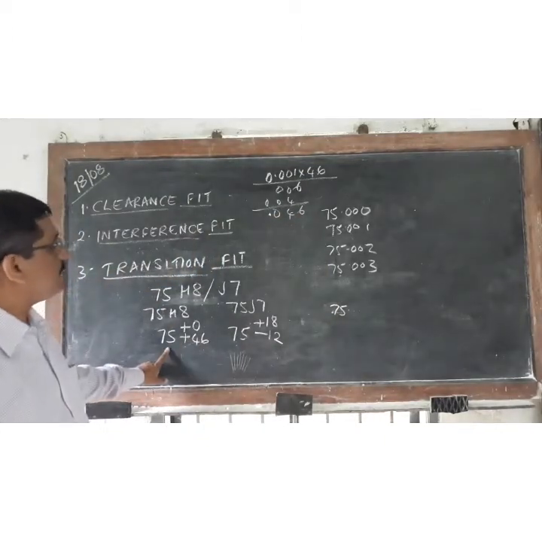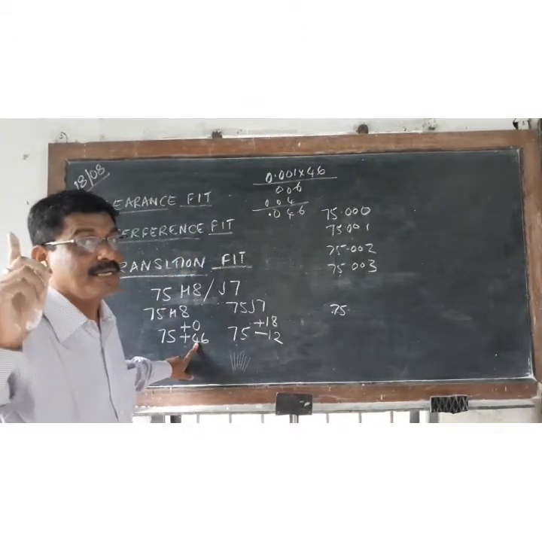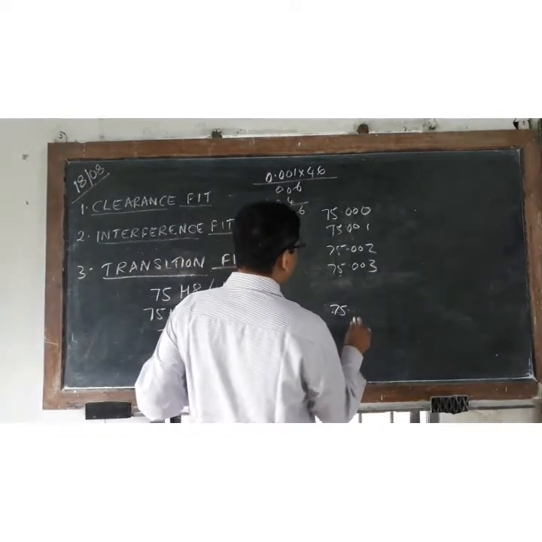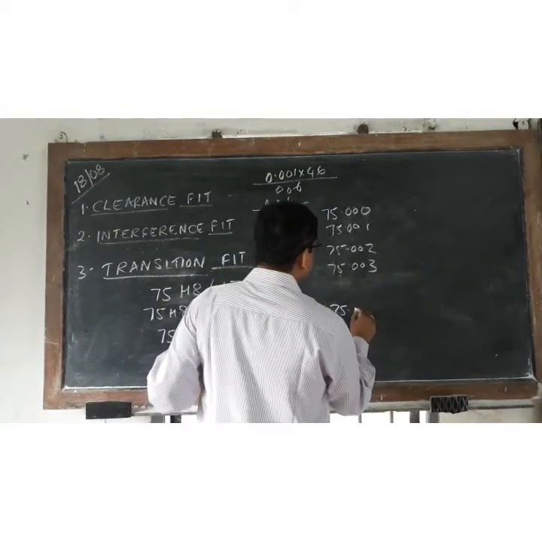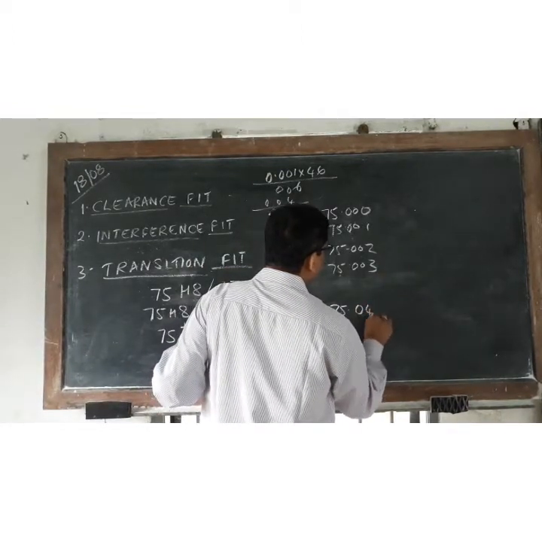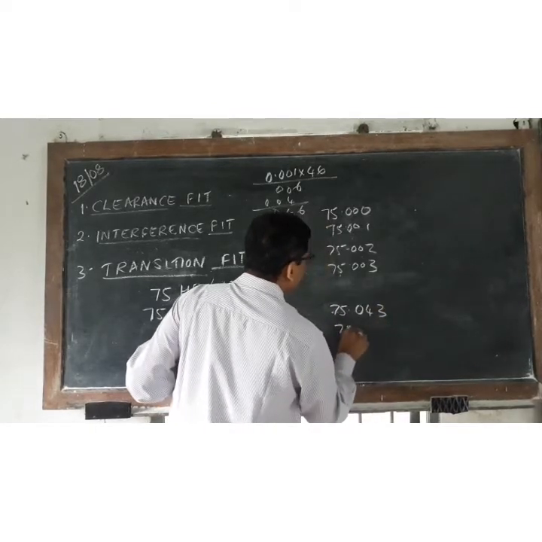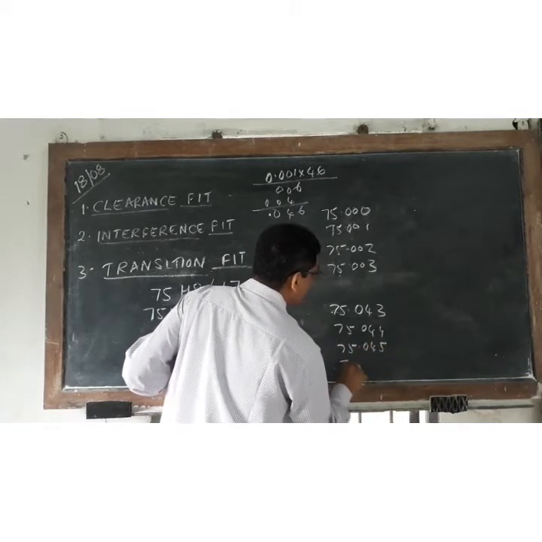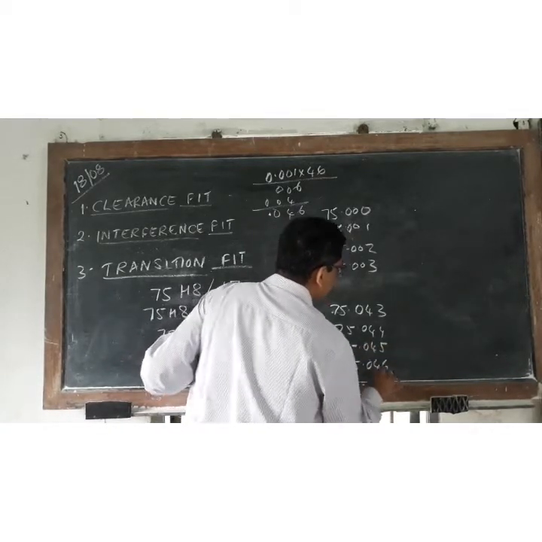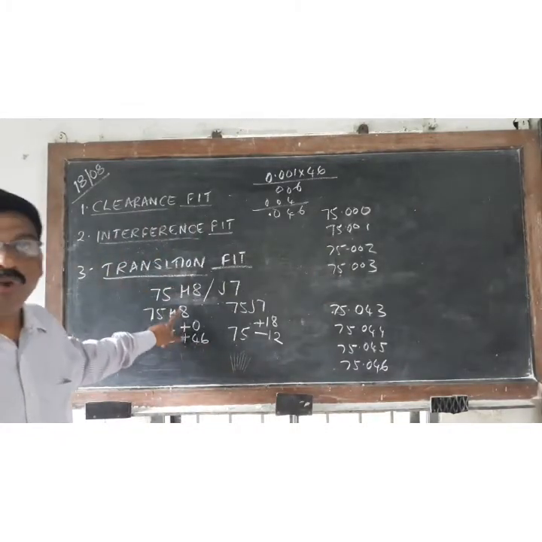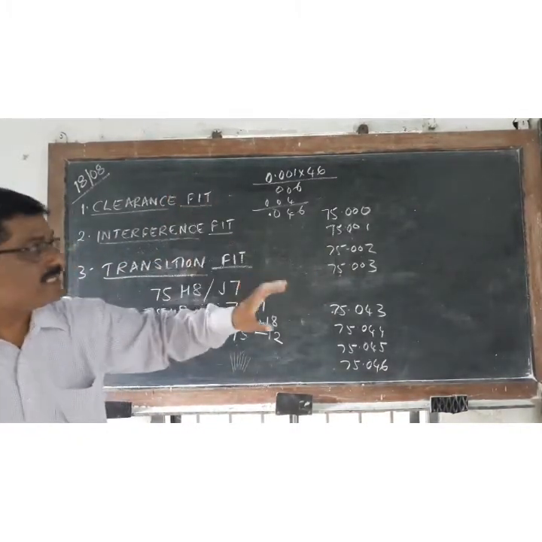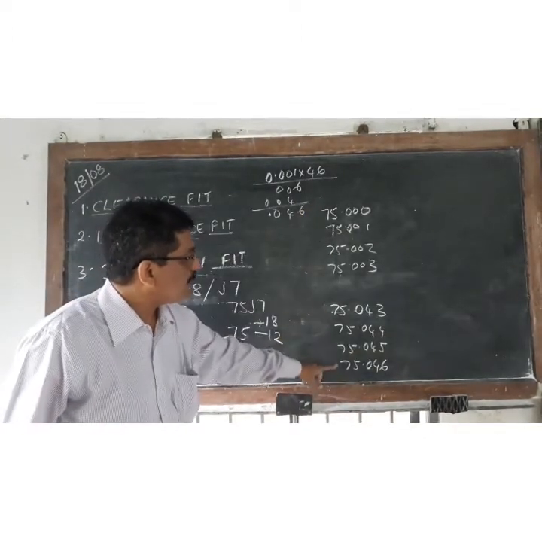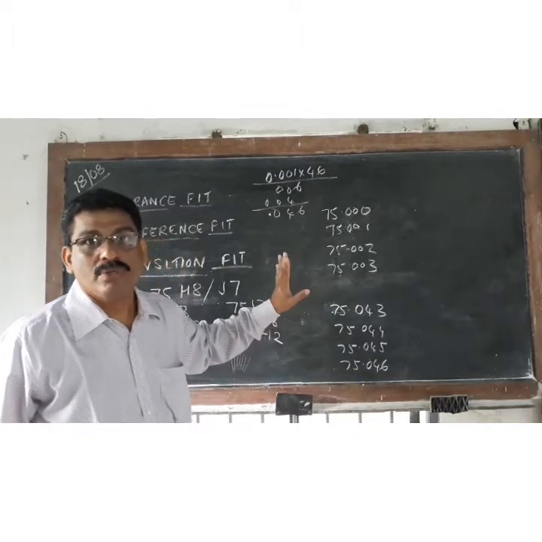Maximum we can go 75.046. Or else, next we can go 75.043, 75.044, 75.045, 75.046. Got it? You can maintain the hole size from 75 to 75.046, with many sizes in the middle. Understood?